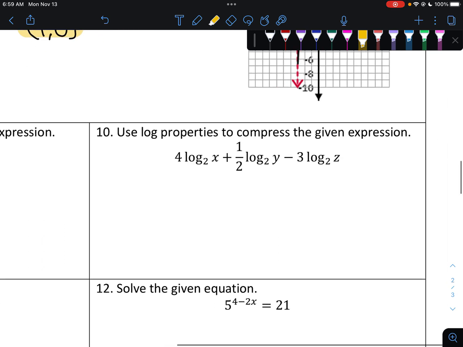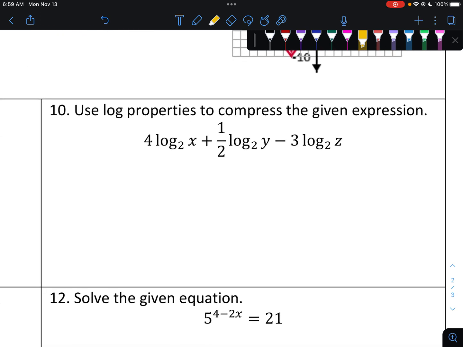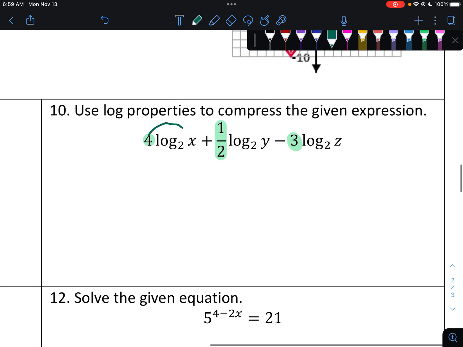Looking at number 10, use the properties of log to compress the given expression. So now we're going the opposite way. We're going to start with all of these numbers that are out in front, and they're going to become the exponents of their respective variables.